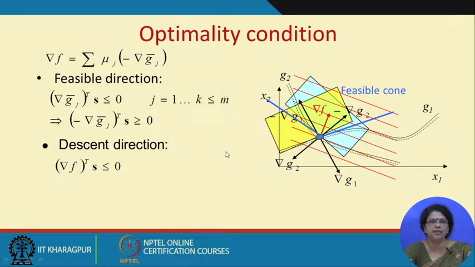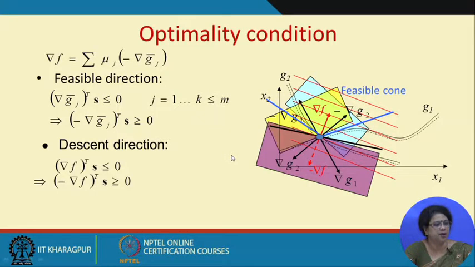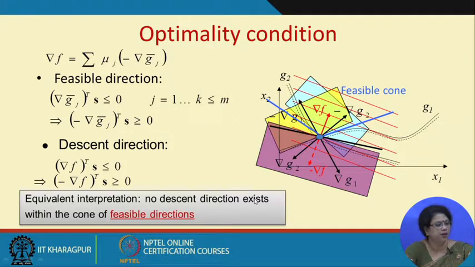That was the descent cone, now it is the feasible cone. Thus, this is my descent direction, which I have already explained to you. That is why we can interpret that no descent direction exists within the cone of feasible directions for the minimization problem. Alright, we are dealing with the minimization problem.